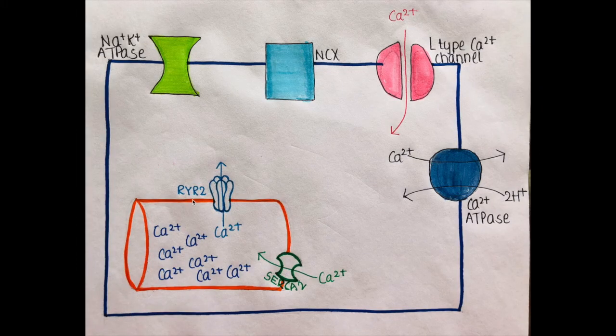Ryanodine receptor calcium channel 2 allows the calcium stored in the sarcoplasmic reticulum to move out, and SERCA helps in taking calcium from the cytosol inside the sarcoplasmic reticulum. So we can say SERCA helps in increasing the calcium stores in the sarcoplasmic reticulum, and the ryanodine receptor helps in taking out the calcium from the sarcoplasmic reticulum.